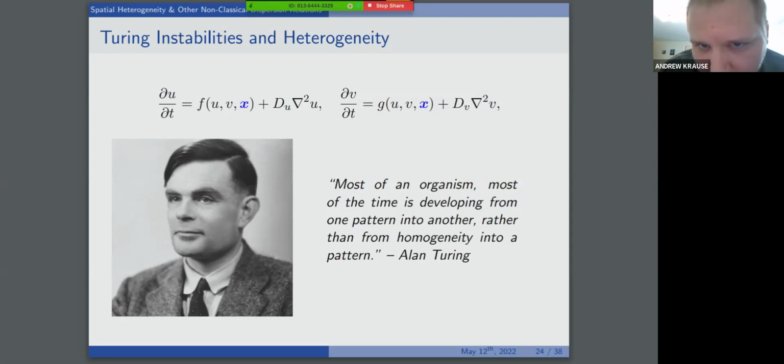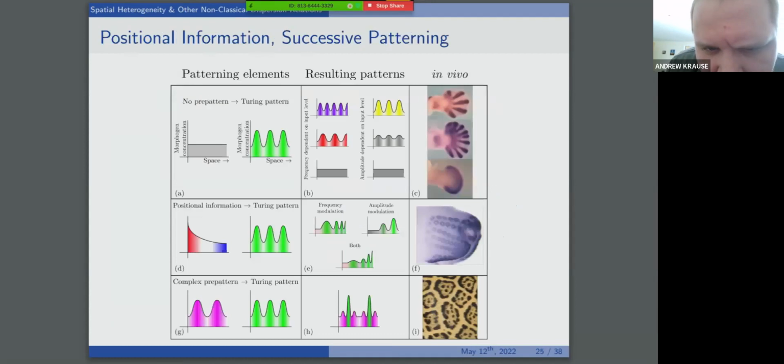A loose way of capturing that is to put some spatial dependence into the system. So here I have highlighted in blue some X, to say that the reaction kinetics depend on some spatial variable. This is only valid if I think of time scales where whatever caused a pre-pattern is done and the pre-pattern is fixed. This X more or less captures the effect of this pre-pattern. I'll come back to time scales later.